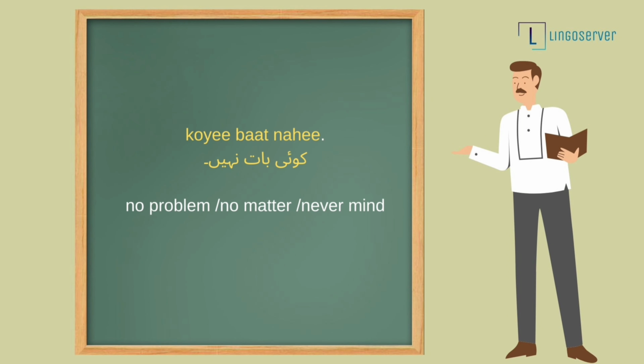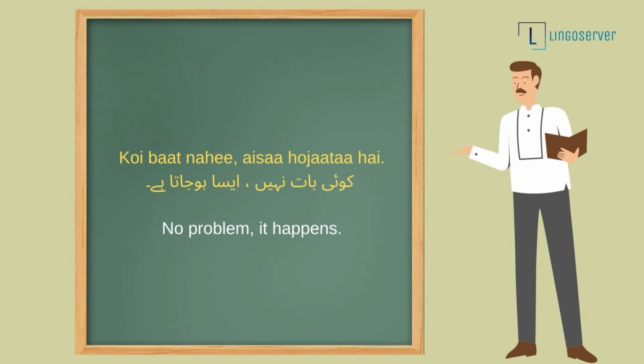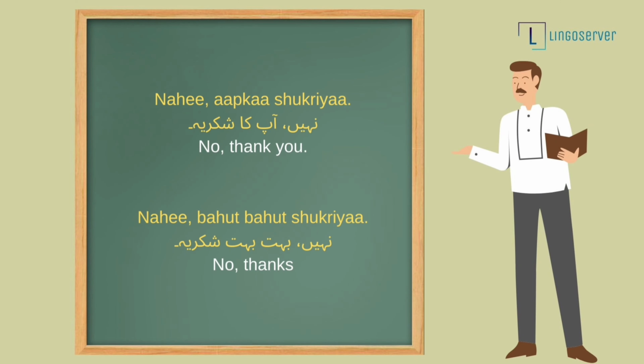When we accept someone's apology, we say कोई बात नहीं. No problem. Or no matter. Or never mind. Likewise, कोई बात नहीं. ऐसा हो जाता है. No problem. It happens.